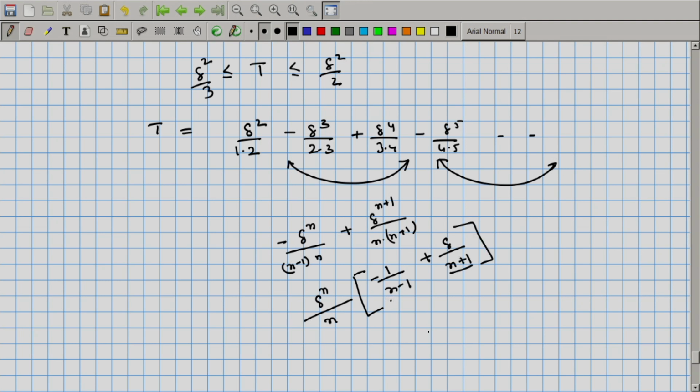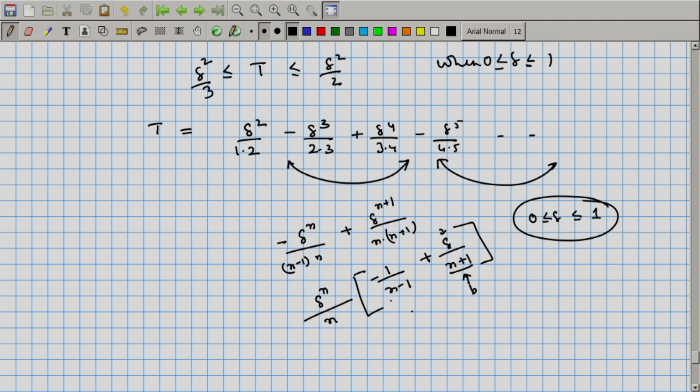The denominator is larger and the numerator is smaller, because delta we may assume is between 0 and 1. When delta is between 0 and 1, the sum of terms taken 2 at a time is going to be a negative number, because this is smaller than this quantity.